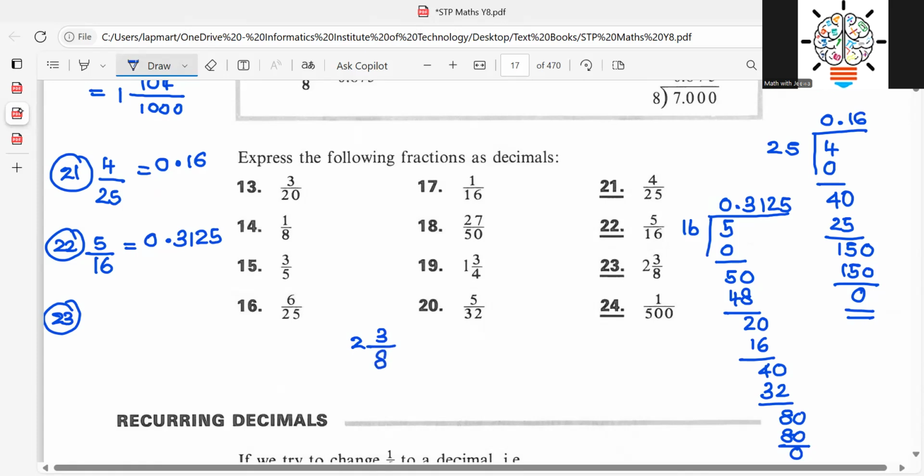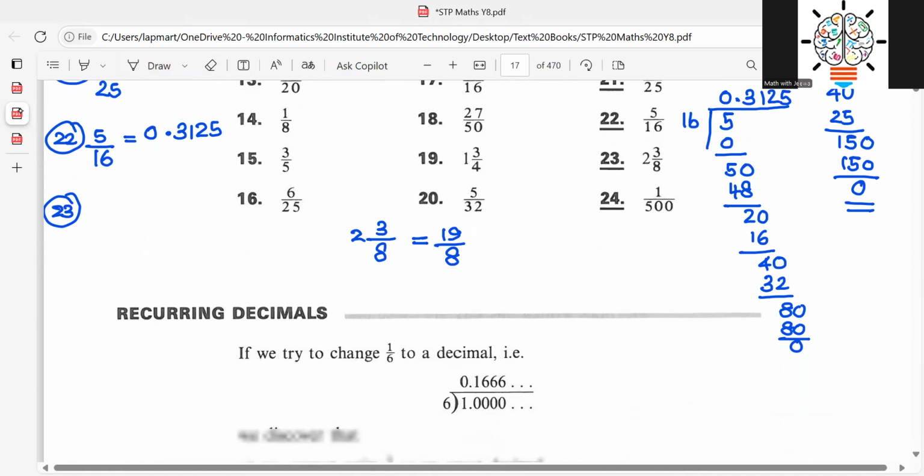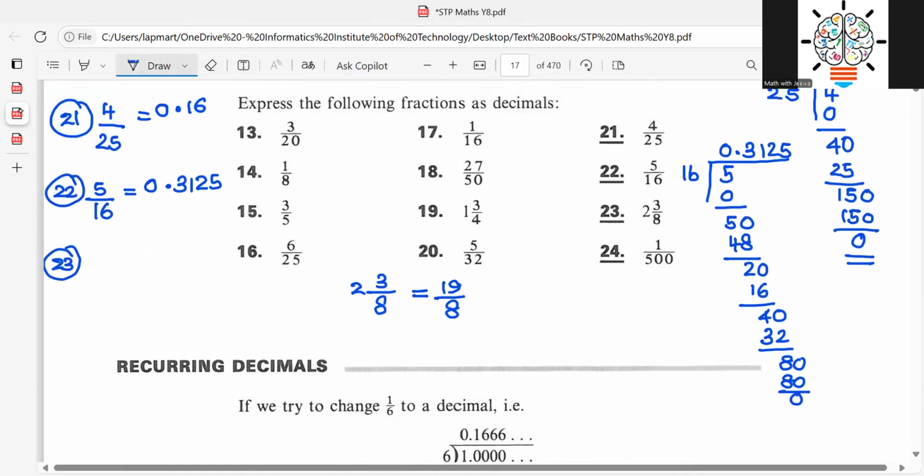So then question number 23, 2, 3 over 8. Right? So here, if you can remember, I told you that we have two methods to do. In one method, you can convert this into an improper fraction. 8 times 2, 16. 16 plus 3, 19. 19 over 8, right? So then what I do, children, I divide 19 by 8. Right?